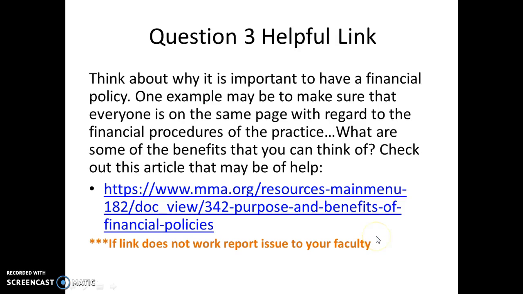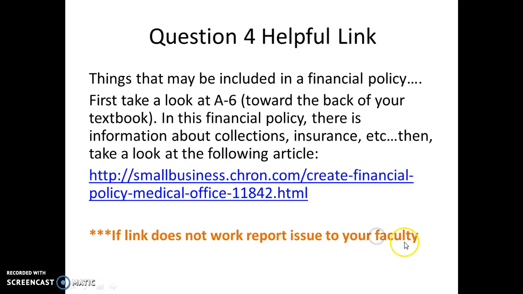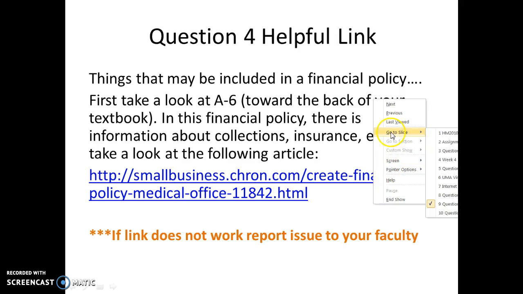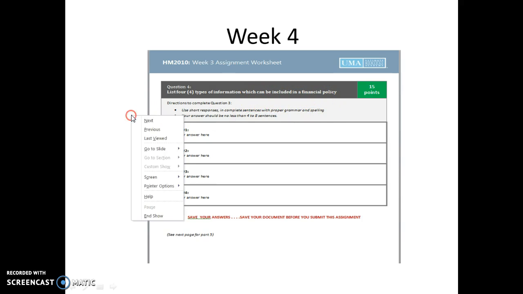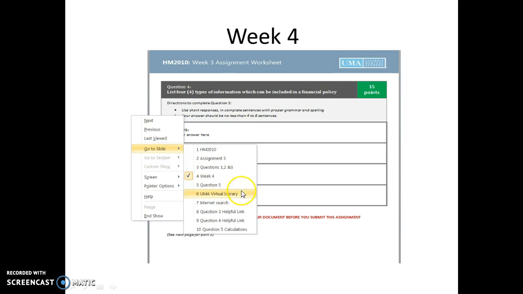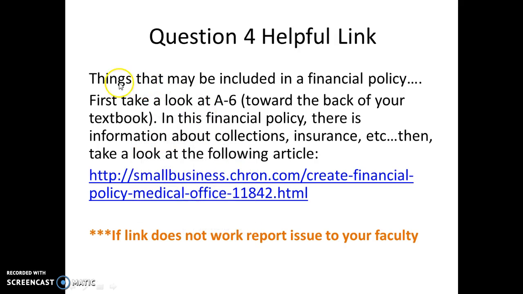Now also, question number 4 asks you to list 4 types of information which can be included in a financial policy. So let's look at that. I want you to look at things that may be included in a financial policy.